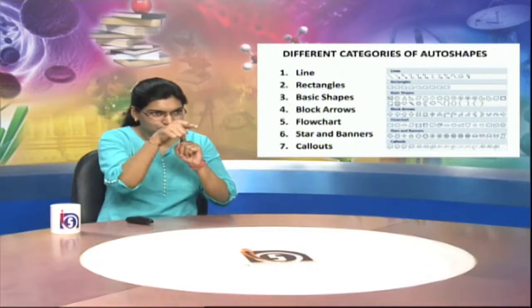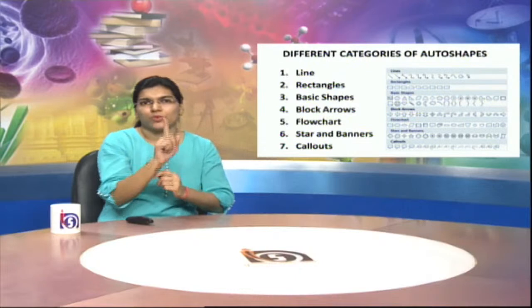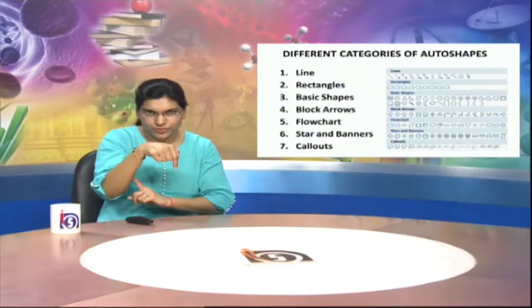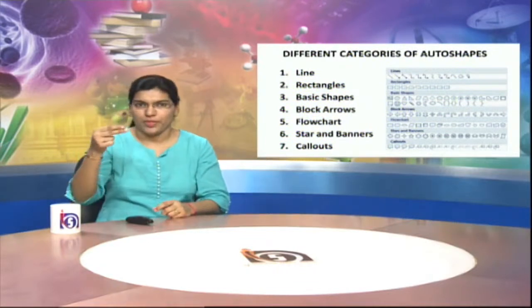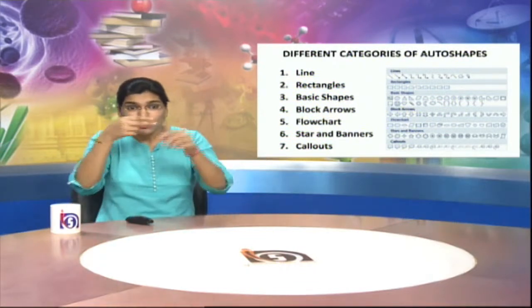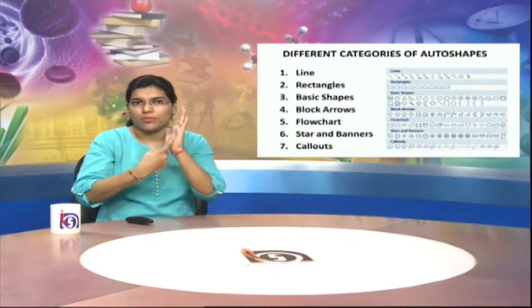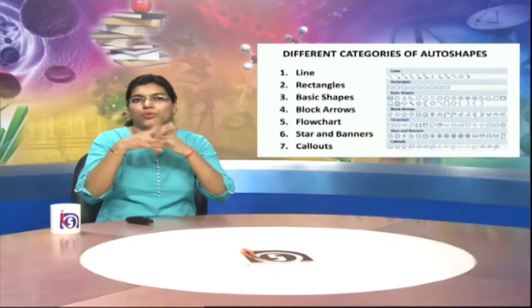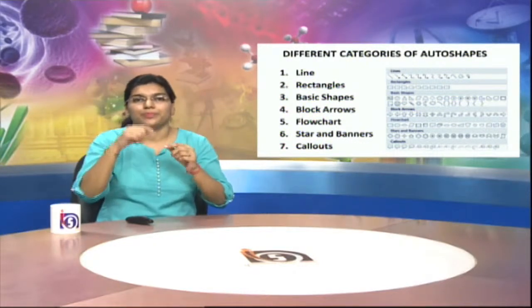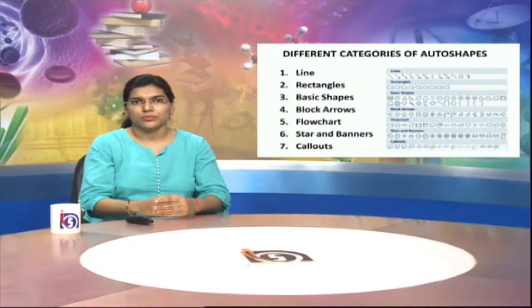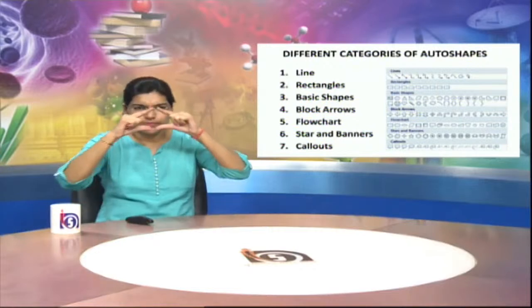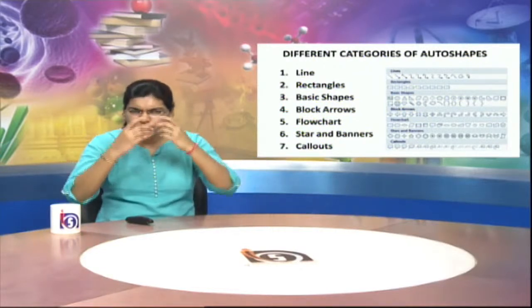The fourth name is block arrows. Like there are big arrows, bold arrows, upward, downward, right side or the left side direction arrows. So this is the sign of arrow and this is the spelling of arrows. Fifth word is flow chart.